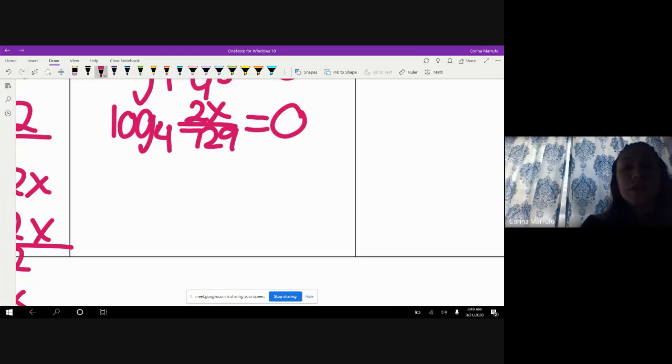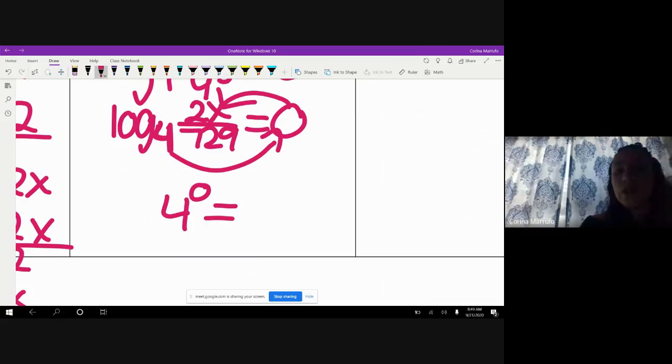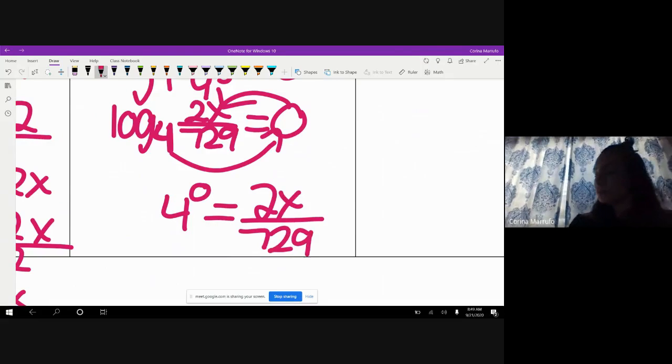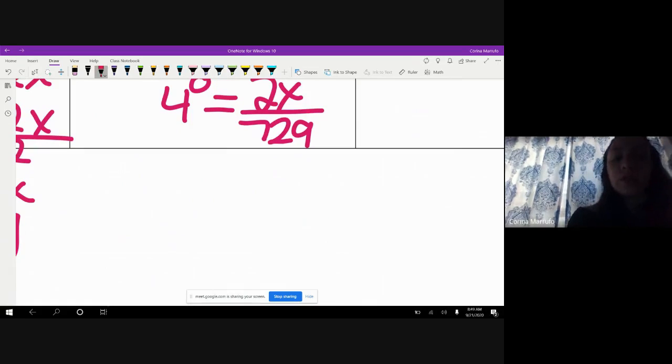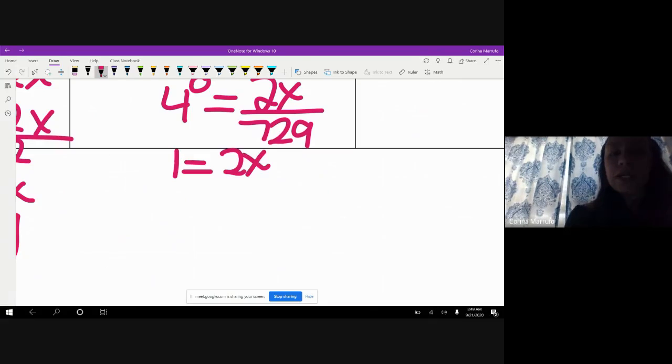So the 4 is my base, that's what goes first. Then this is my exponent, so 4 to the 0 power equals 2x over 729. Okay, so 4 to the 0 power is just going to be 1. Remember, any number to the 0 power is 1. Equals 2x divided by 729.